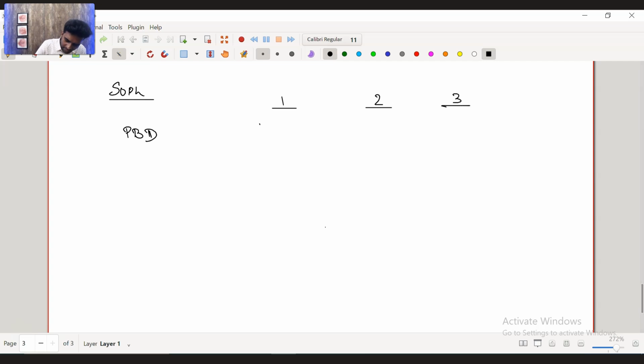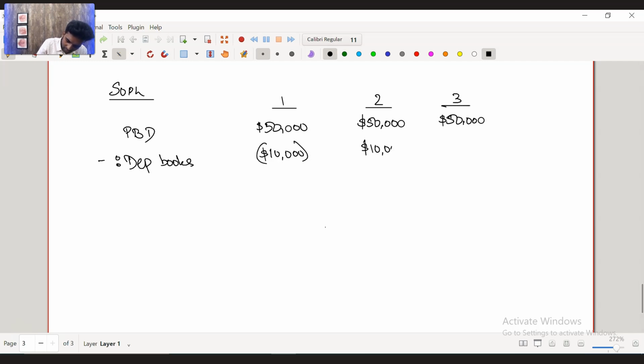Let us say it is the same, $50,000. Minus, what is your depreciation as per books? Depreciation as per books here is 10,000, 10,000 and 10,000.